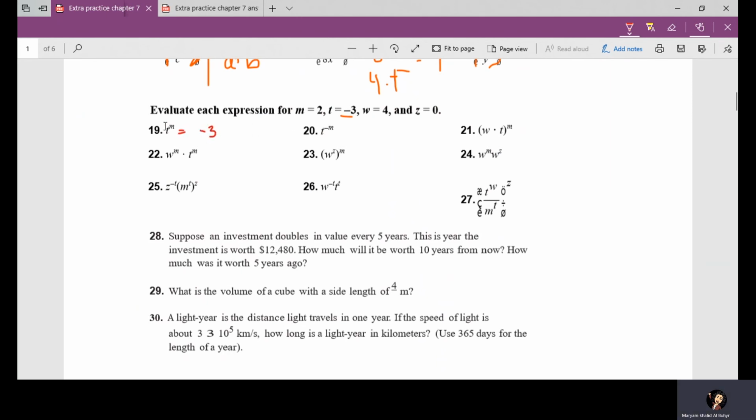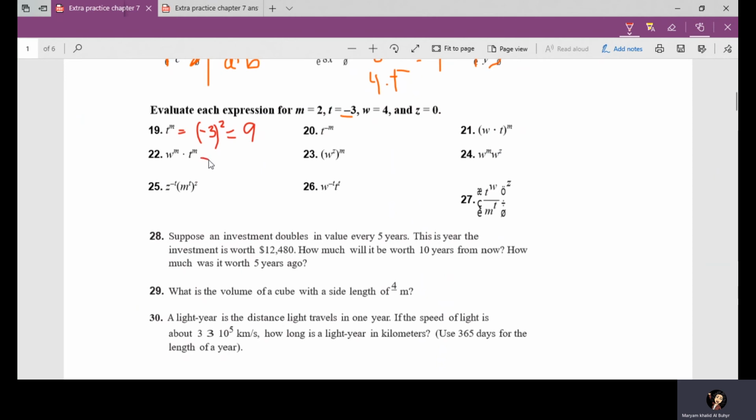There is nothing to simplify in this expression. All this to the power m. What is m? M is given as 2. So that is -3 to the power 2, which is 9. Keep in your mind, if you are substituting by a negative number like this, make sure that you don't forget the parentheses. So (-3) to the power 2 equals 9.